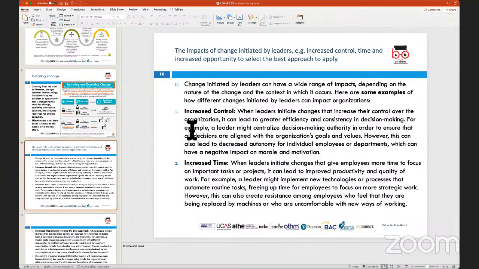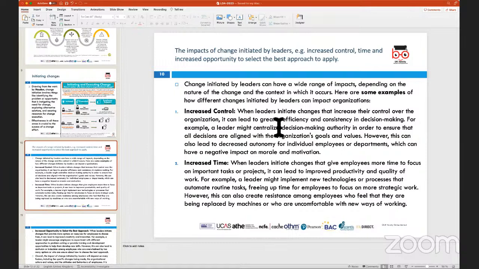Okay, now we look at some of the other aspects of the learning outcome in terms of the impact of change when we look at leaders initiating change. So, for example, if we look at a new CEO joining the organization, sometimes you would see that the new head of the company brings across a number of changes in the organization.